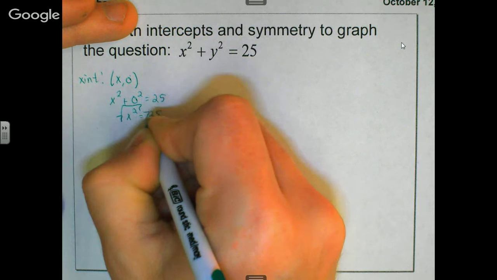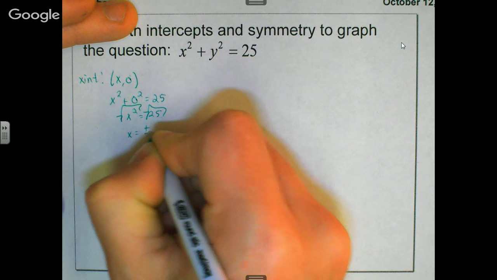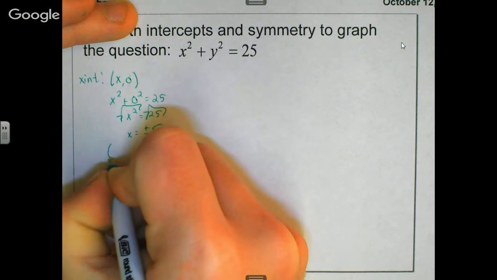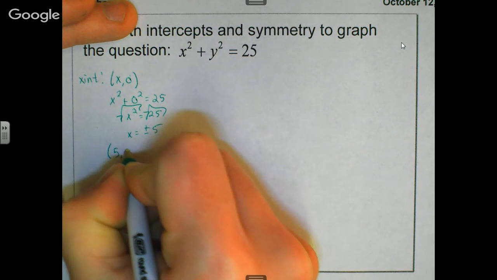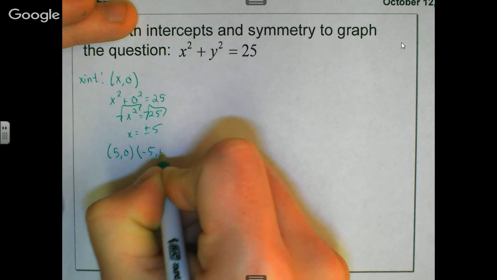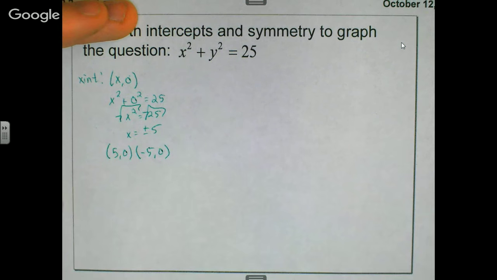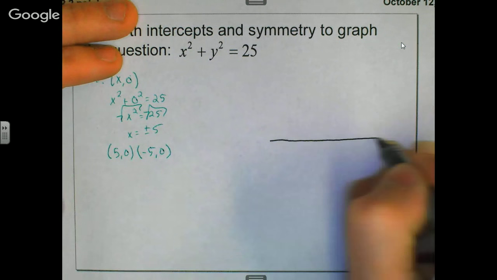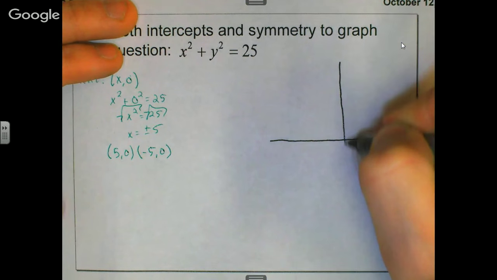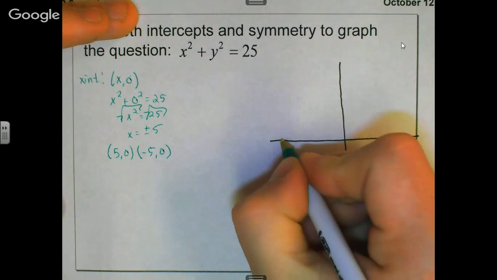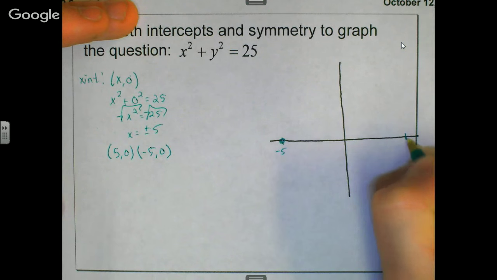Square root, x is plus minus 5. So I have 5 comma 0, negative 5 comma 0. So I'm just going to start my graph over here. So my x-intercept is at negative 5, and 5.